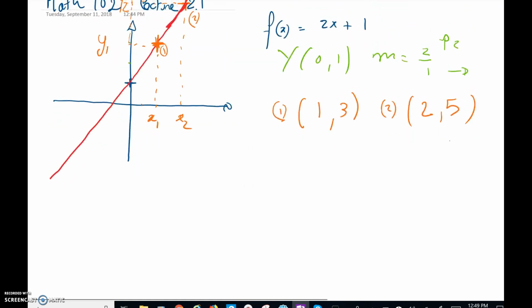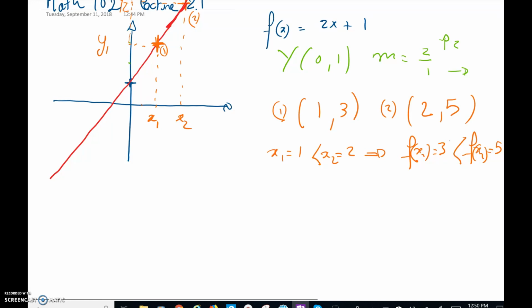What do I see? I see right here that x1 is less than x2. And I see also that f of x1, which is equal to 3, is less than f of x2, which is equal to 5. You following? I got x1 equals 1 is less than x2 equals 2.